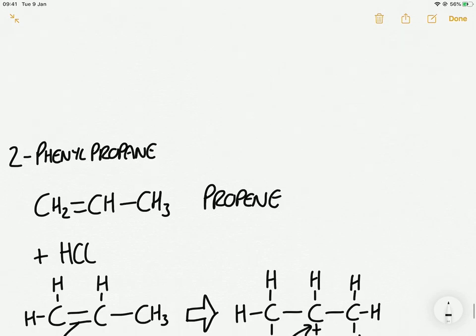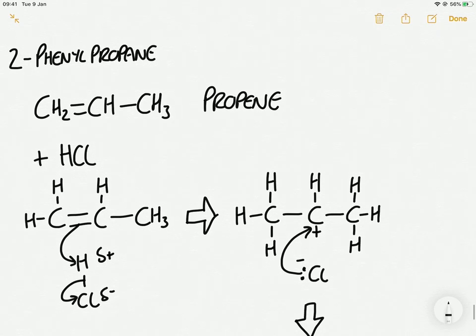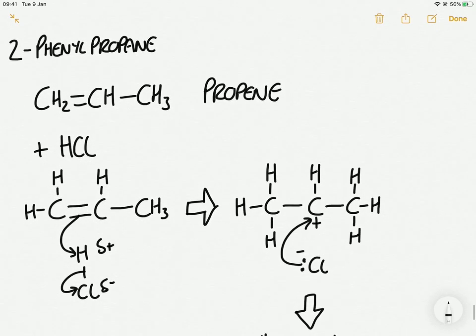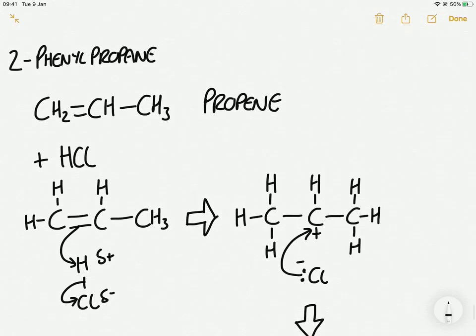So then, to make 2-phenyl propane, we're going to react propene with hydrogen chloride, right? And for it to make the desired product, the mechanism is going to need to proceed like this, where the chloride ion attacks the middle carbon. Okay? In other words, the mechanism needs to proceed via a secondary carbocation.